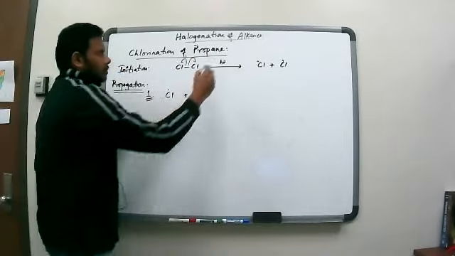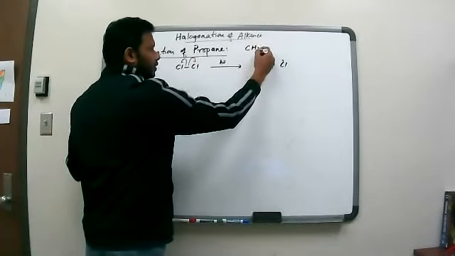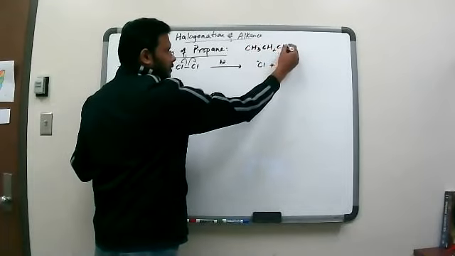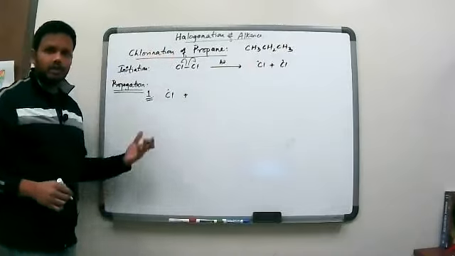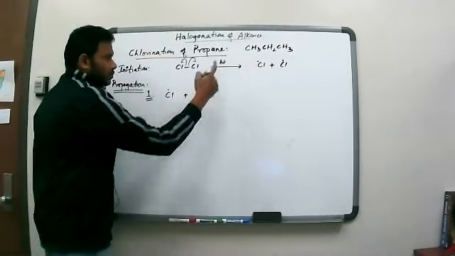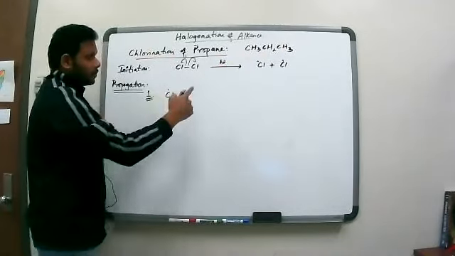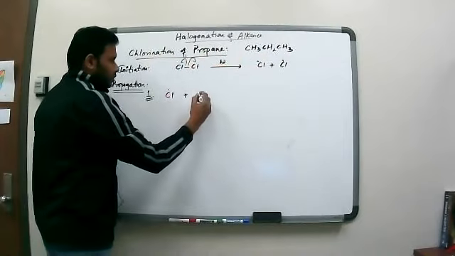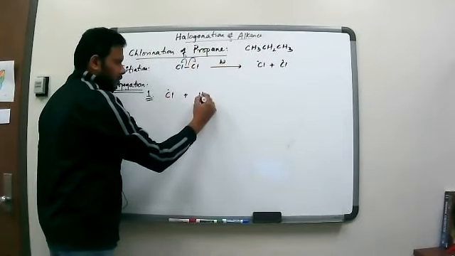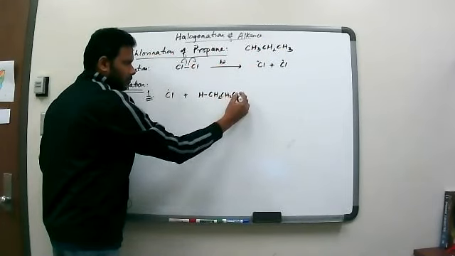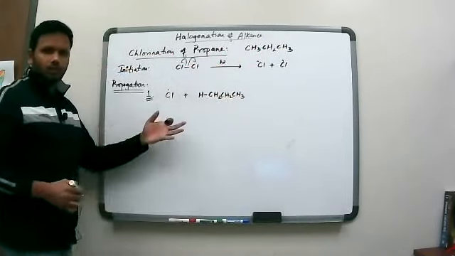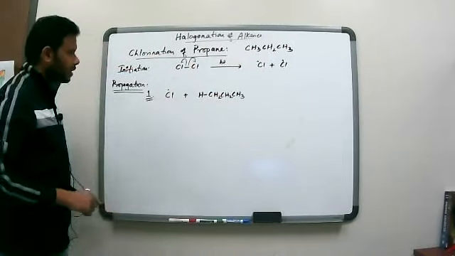Now, remember that in propane, we have 2 types of hydrogens. There are primary hydrogens and there are secondary hydrogens. So it could react with either one, and we're going to show both of them. So let's assume that in this first step, it is reacting with a primary hydrogen, one of the 6 primary hydrogens.